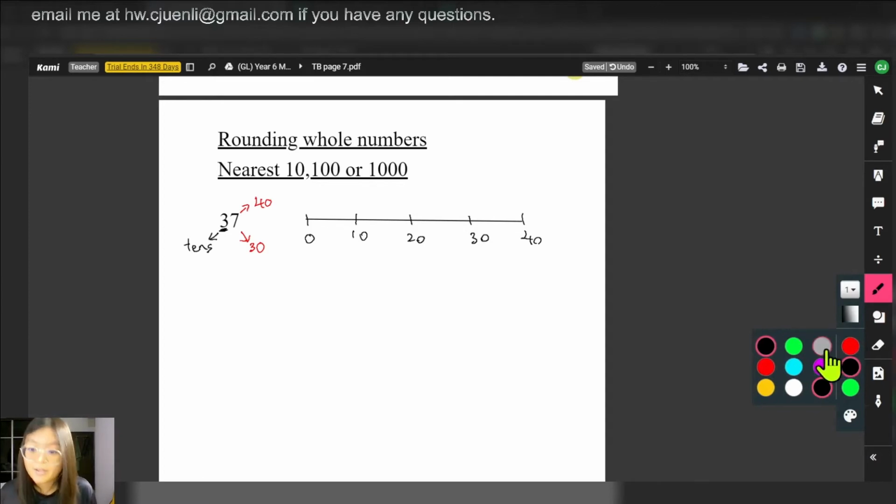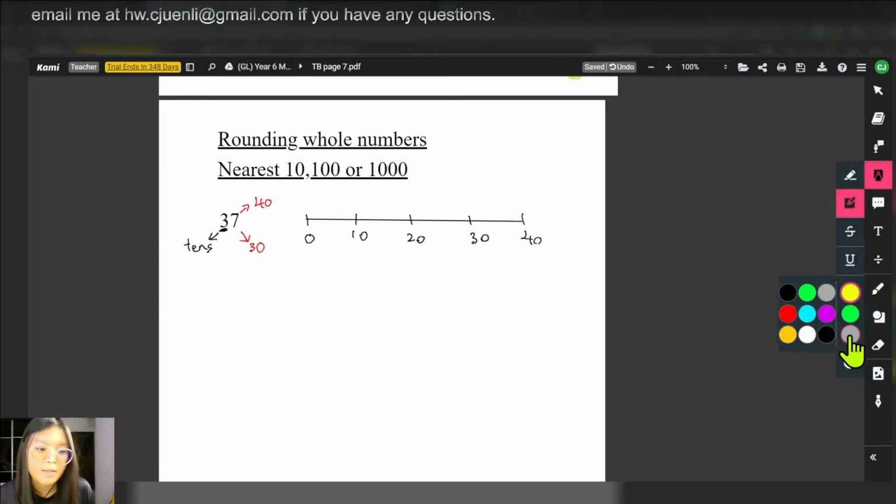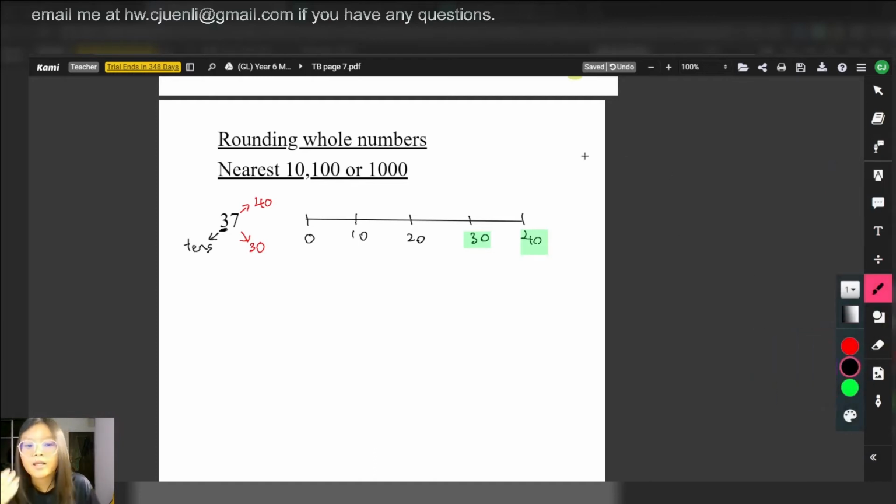Then we have 37. Now, in between, since we're looking at 30 and 40 around here, right? Let me just highlight that since we're going to focus on it. 30 and 40. In between 30 and 40, we have 35. So I'm just going to draw one in the middle over here, 35.